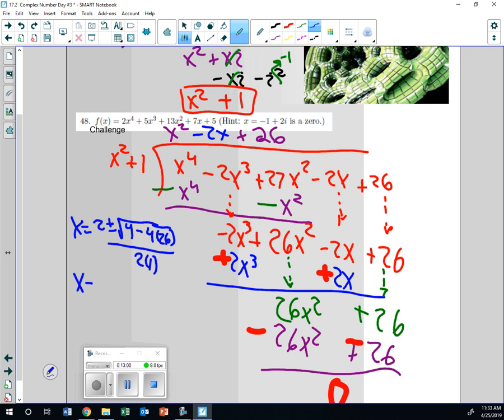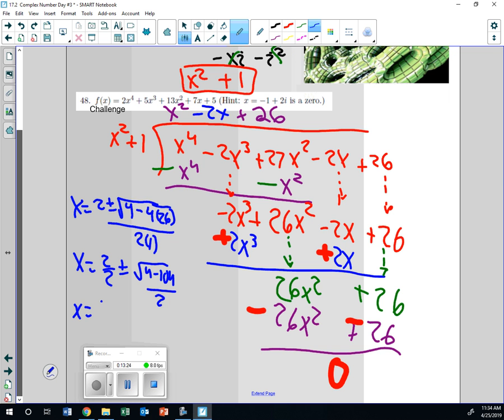So that's going to be 2 over 2 plus or minus the square root of 4 minus 104. What's 4 minus 104? Anybody know? Over 2. Yeah, it's negative 100. So you're going to get 1 plus or minus the square root of negative 100, which is 10i, over 2. That's just 1 plus or minus 5i. Those are my two roots.